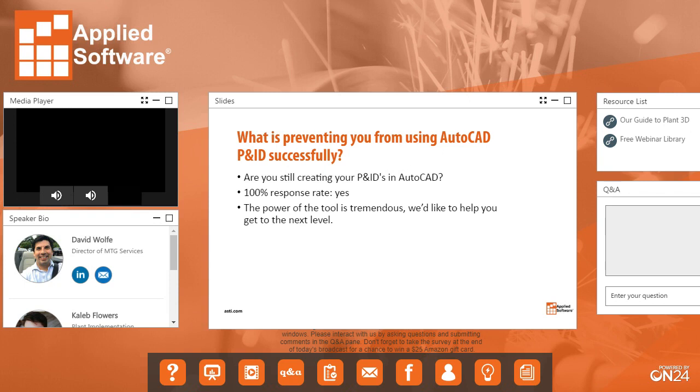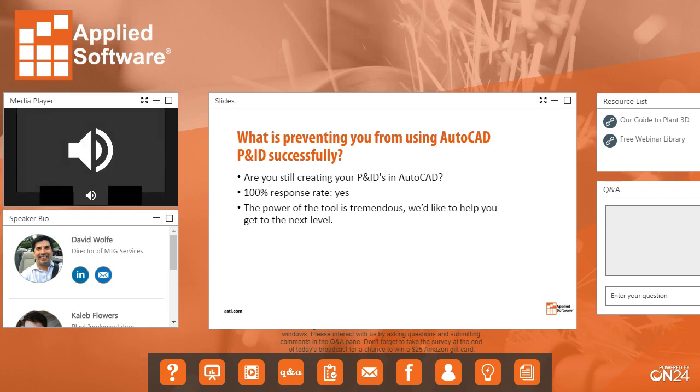Okay, thank you. Owen, any comments on P&ID adoption and what some of the pain points are that prevent people from moving forward into intelligent P&IDs? Honestly, I think the biggest stumbling point for intelligent P&ID adoption is a lack of understanding of what the benefits are and how easy it is. People have a high level of familiarity and comfort with standard AutoCAD block-based P&IDs, and they're intimidated by the idea of going to an intelligent P&ID system.